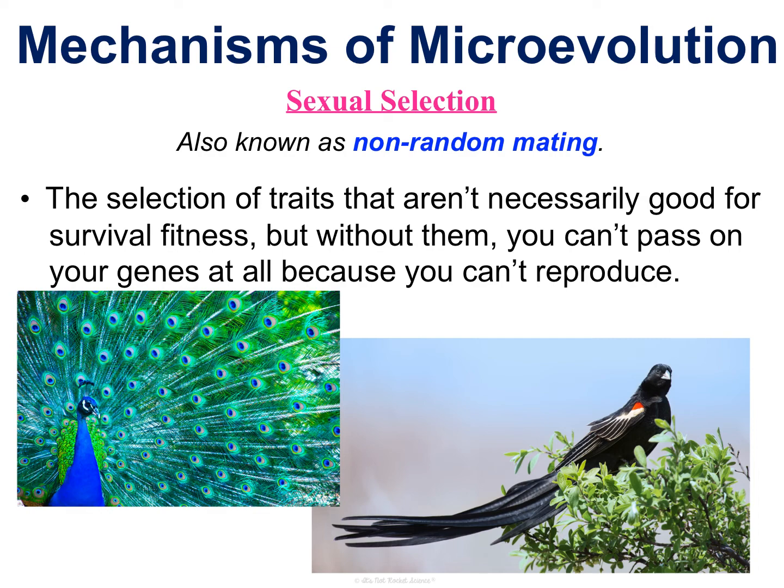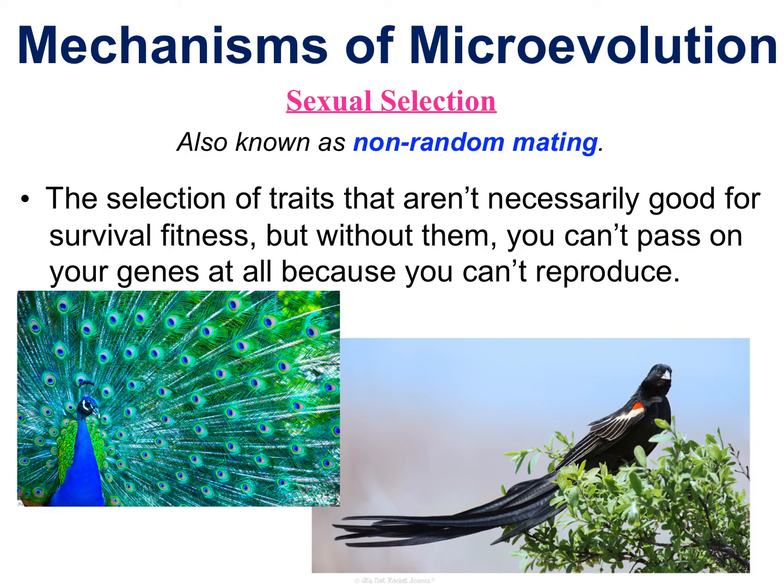Sexual selection is a mechanism for microevolution that can be harmful in addition to beneficial. So we also call this non-random mating, and it's just when the selective process of traits aren't really always for the purpose of survival. Sometimes without them, life would be okay.